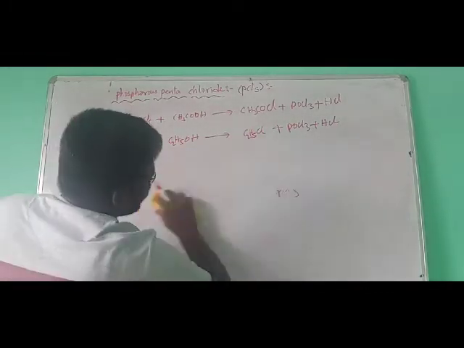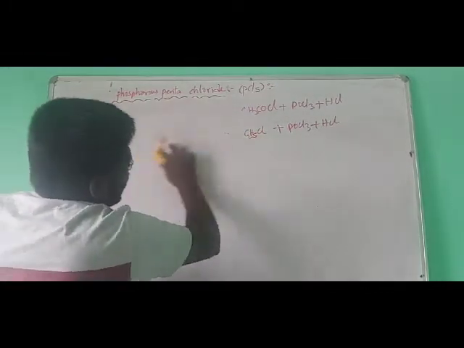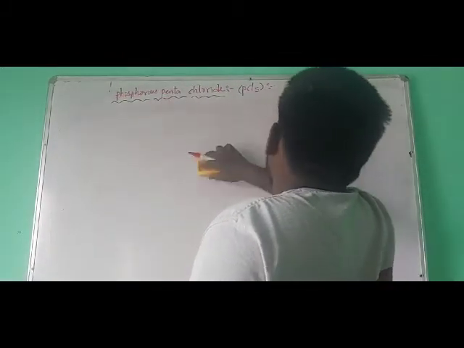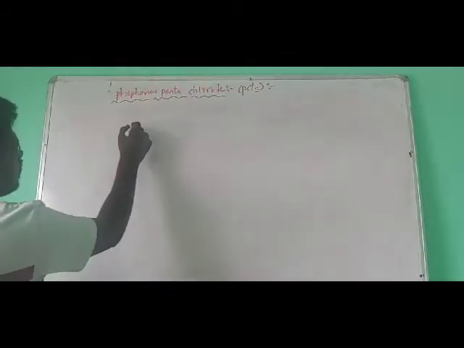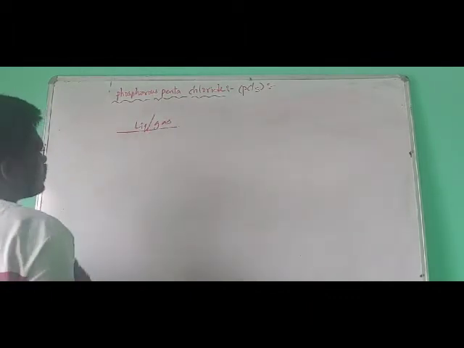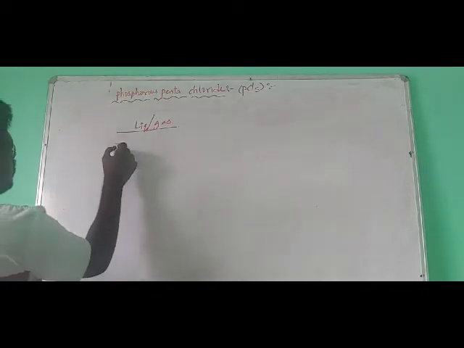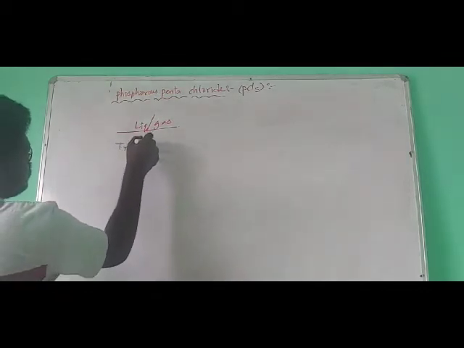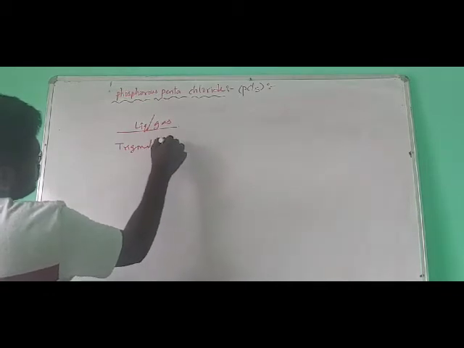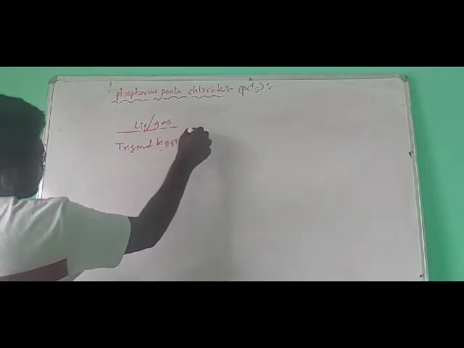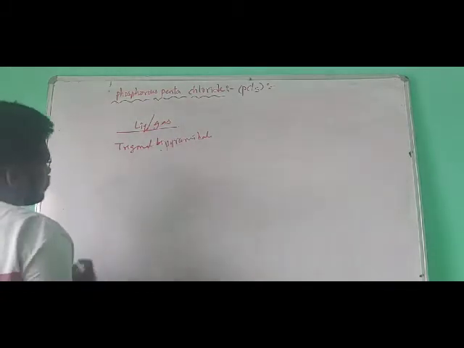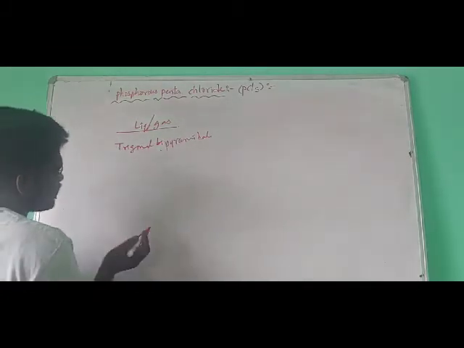PCl5 has trigonal bipyramidal geometry in liquid state and gaseous state. So the shape of the molecule is present like this.